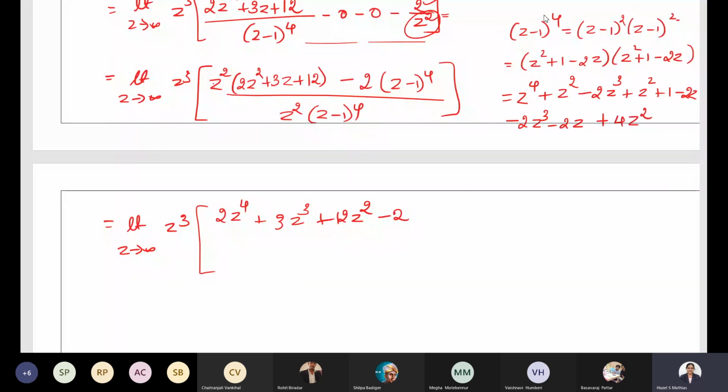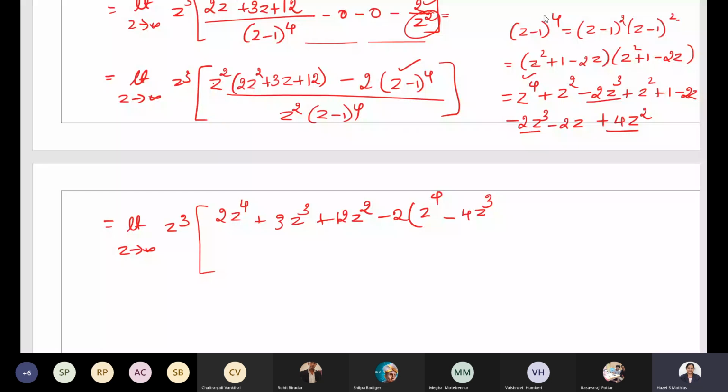Check now, what do we get? We get z minus 1 whole power 4. Here is z power 4 term, z power 4. Then z cube we can check. Minus 2z cube minus 2z cube, it is minus 4z cube. Then check for z square. 4z square plus z square plus z square, it is 6z square.